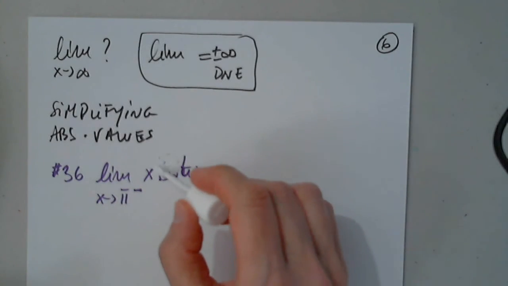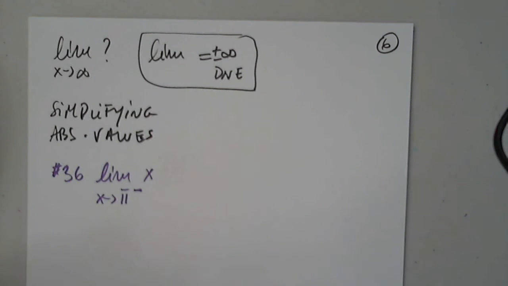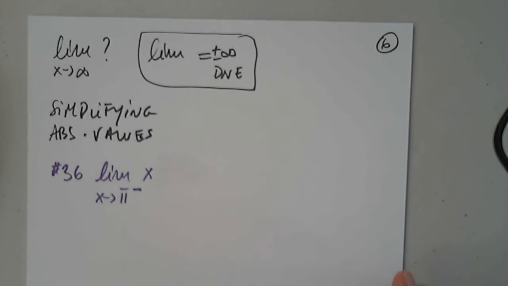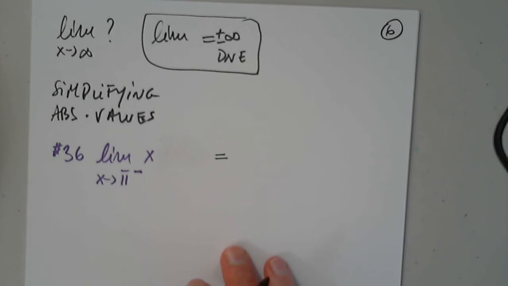So the first thing we need to do is always what? What is the first thing we need to do when we're asked to find the limit?